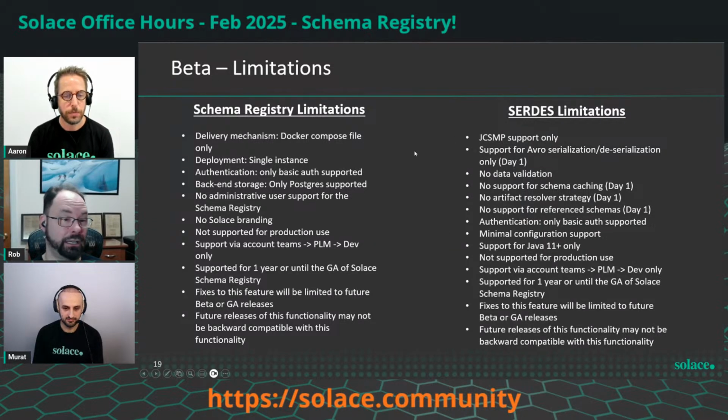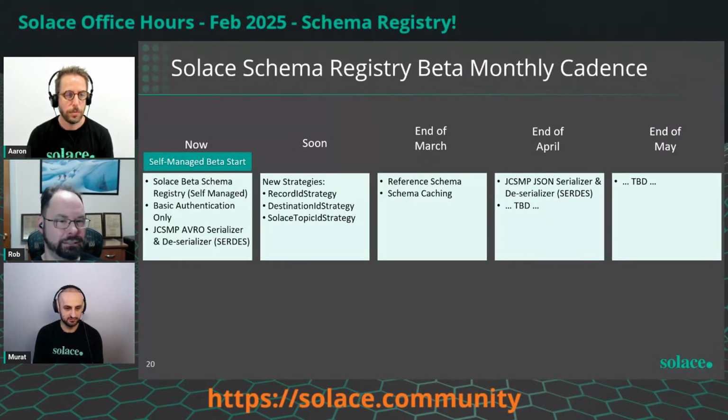But we also have a growing set of capability that's coming out. Each month we are releasing a new version of the beta, and this is actually being driven by customer feedback. We created our serializer deserializer for Avro. Customers wanted to try it out as soon as possible.